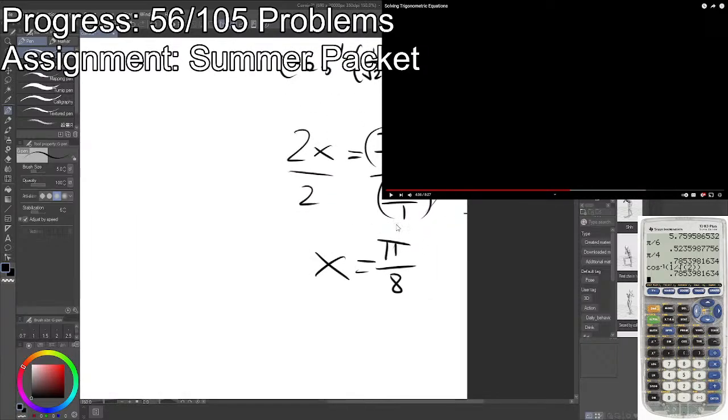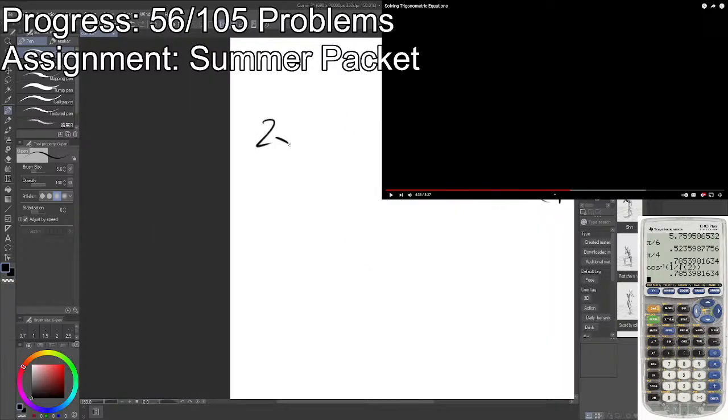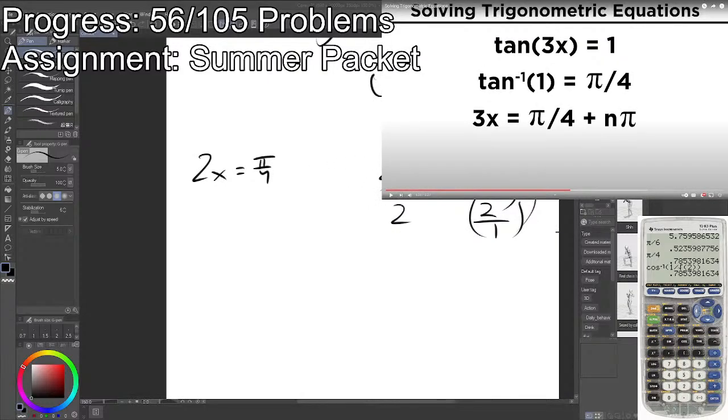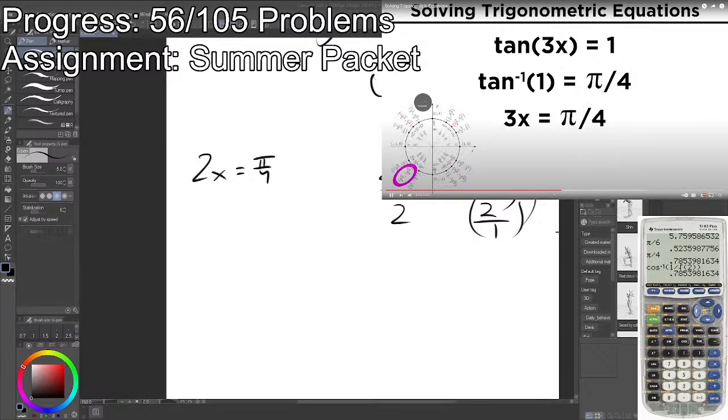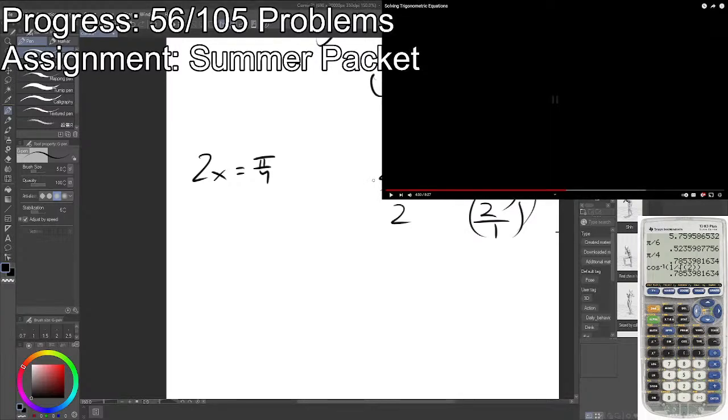But I gotta find the pi. Now to solve for x... negative root 2 over 2 also gives us 1 for the tangent. So 5/4 pi works. Oh, okay.